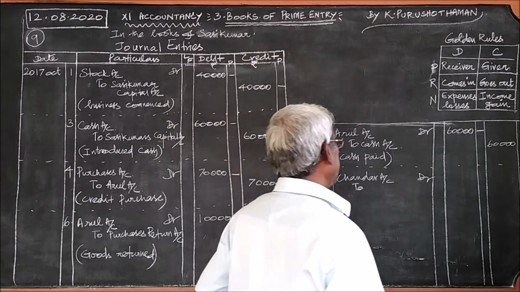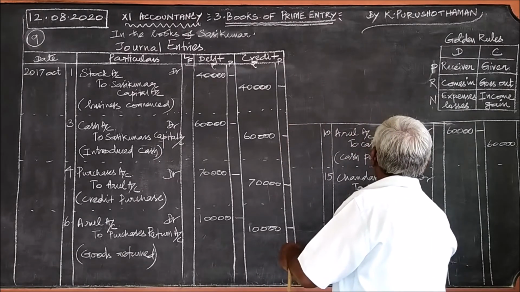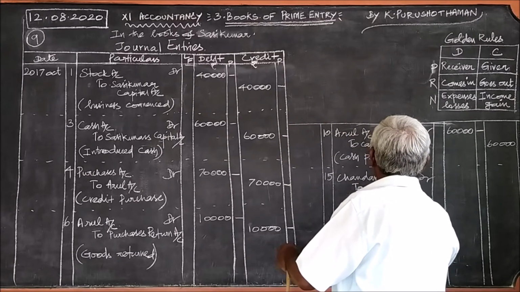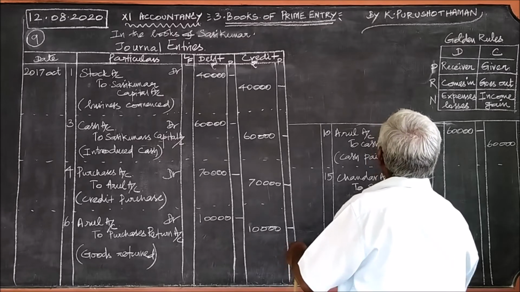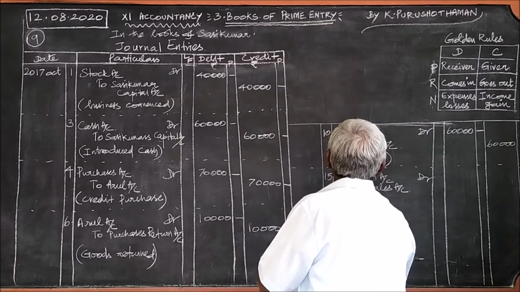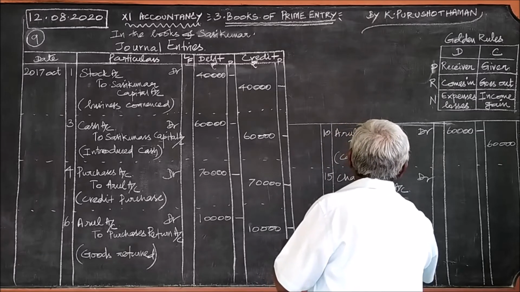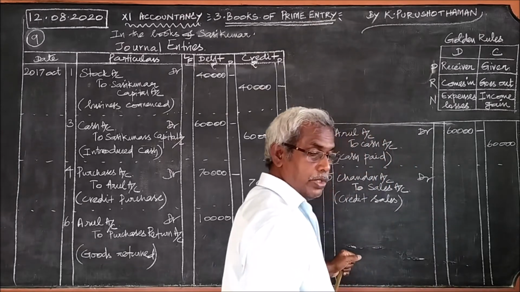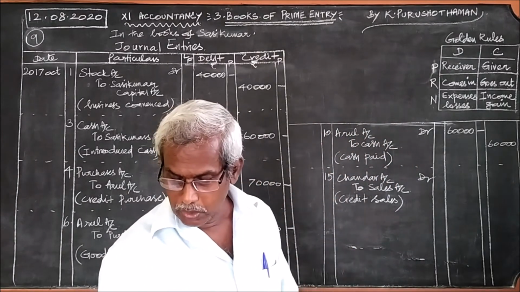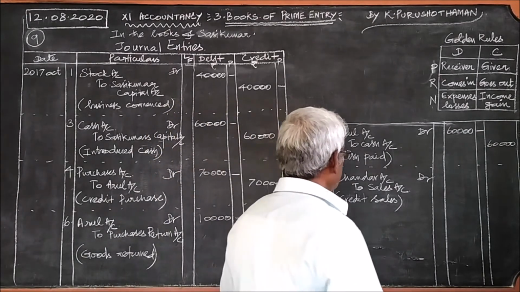But we don't write the goods account; we write the sales account. So it is credit sales. This is what is told on 15. Sold goods to Chandar on credit 30,000.